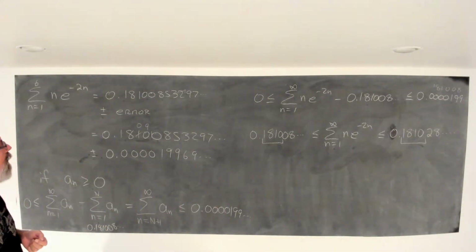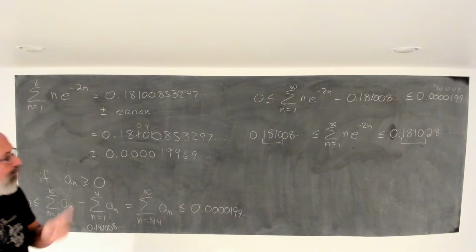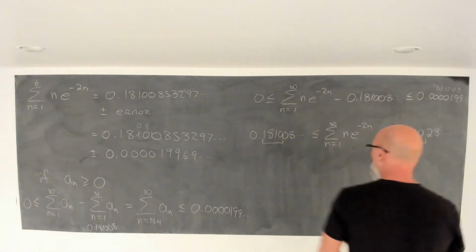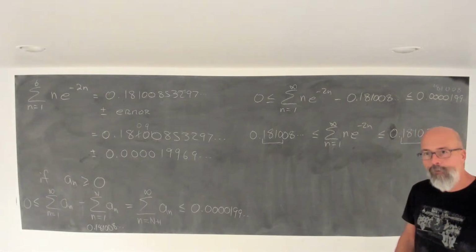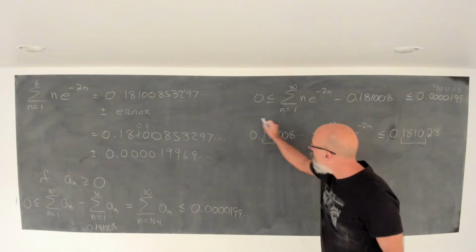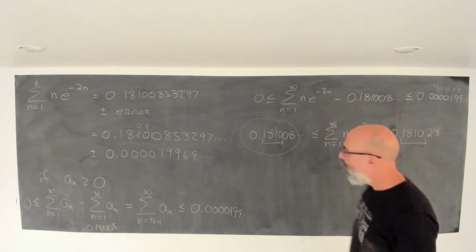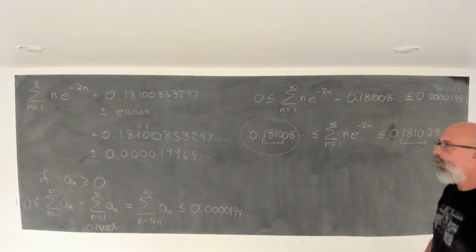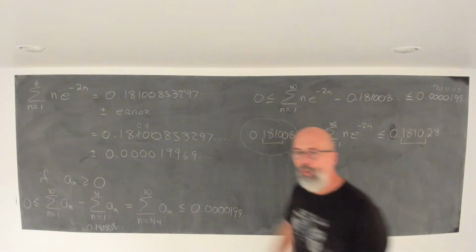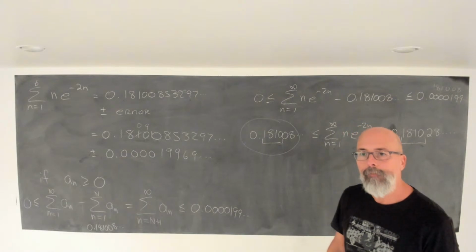So what is the answer? The answer was looking for an approximation correct to 4 decimal places. So this would be a correct answer. This would be a correct answer.